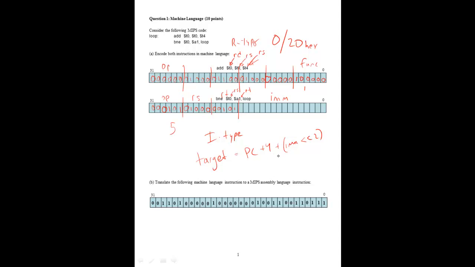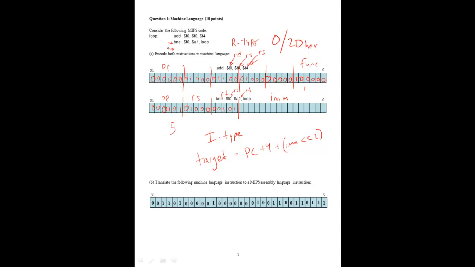Or said another way, it's how many instructions need to be skipped in order to execute the target instruction. So if this BNE was not a branch, the instruction that we would naturally execute next would be the immediately following instruction. And so that would be the target associated with an immediate value of 0.